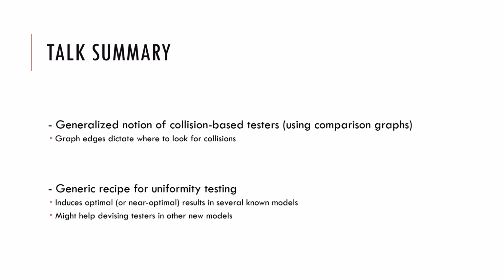The idea is to translate all the constraints of the model and the constraints of the tester to graph notation and try to understand which is the correct comparison graph that fits all the conditions that we must hold. We saw how to apply this to the streaming model and got a taste of how we should apply it to the simultaneous model. Hopefully this might help in devising uniformity testers in future models, wherever this problem might arise as interesting.